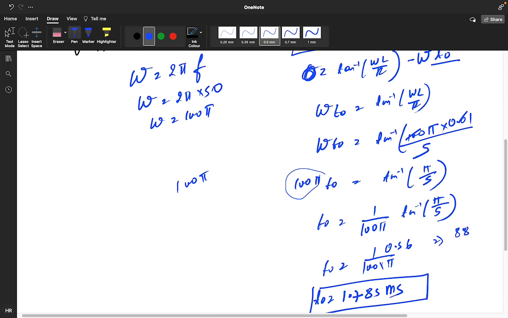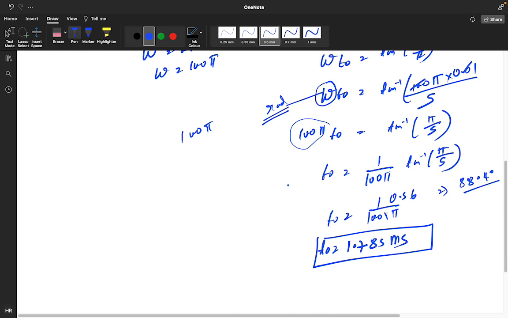88.4. And if you divide it by 100 pi, you will not get the answer, because this omega is given in radian, right? In radian I'm getting 1.5. See what I am telling: if you want to convert omega t naught with tan inverse and you convert it into degree mode, you will get a different answer.